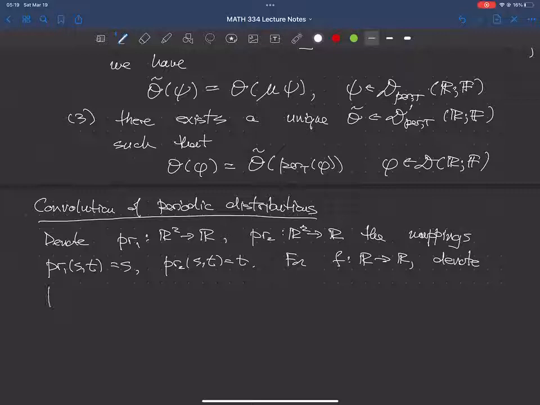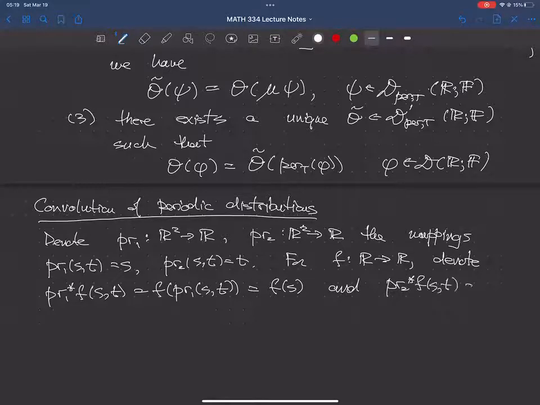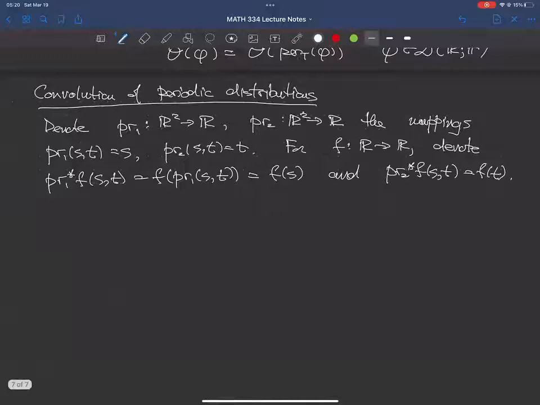We're going to denote by PR1 star F, so this is going to be now a function of two variables, S and T, is going to be F of PR1 of S and T, which is F of S. Okay, and similarly, PR2 star F of S and T is F of T. Okay, so this just gives us a way of converting functions of one variable into functions of two variables, because we're going to use the tensor product of distributions, just like we did to define the convolution for ordinary distributions.